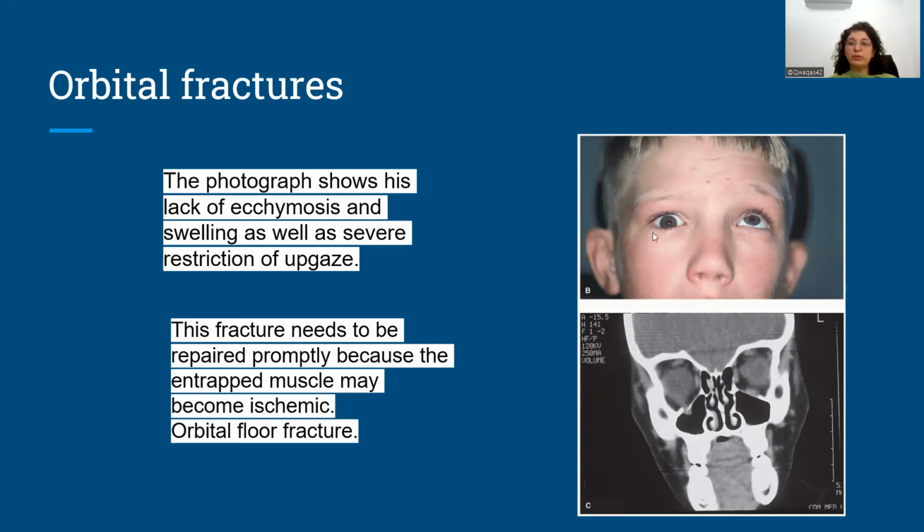You can see there's no bleeding, there's no swelling in or around the eye. When asked to look up, the left eye is able to look up, but the right eye is restricted. And the CT scan of the same patient shows you that the inferior rectus is trapped on the floor, within a floor fracture over here.